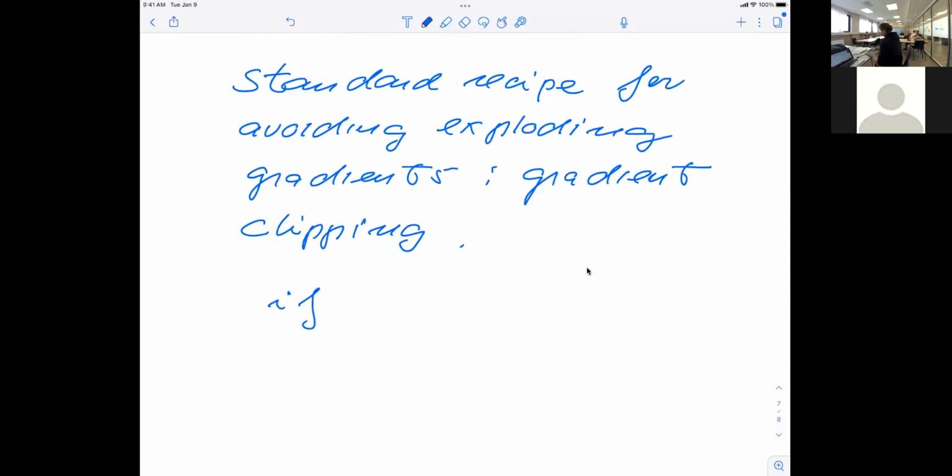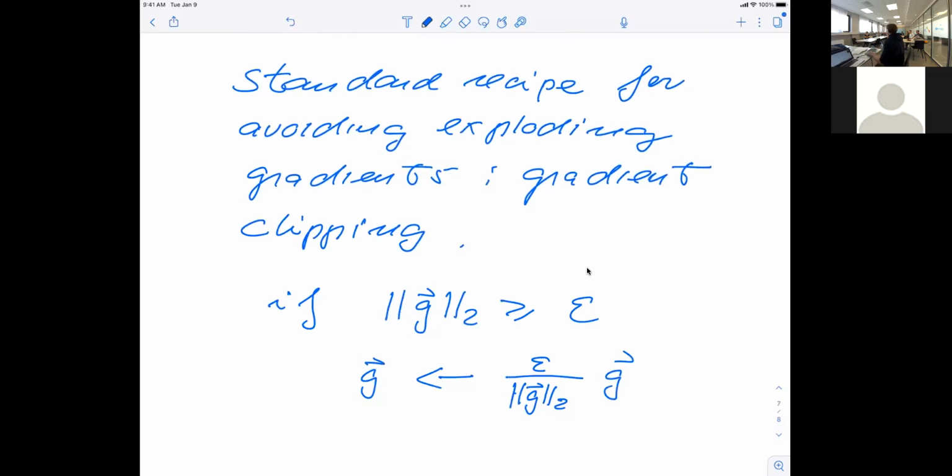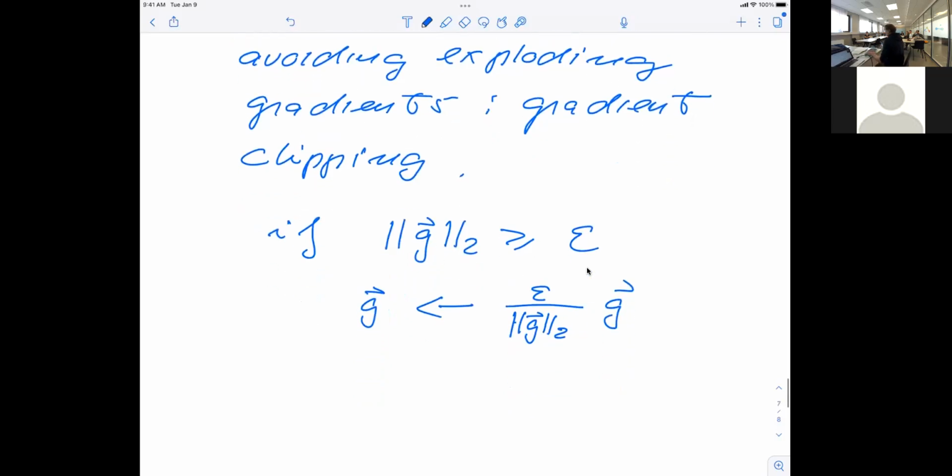If your norm 2 of the gradient, so G is now the gradient, is larger than a specific value, epsilon, which you have set, then what you do is that G takes a smaller value, where you take this epsilon divided by the norm of G to multiply with G. So you just replace the gradient with a new value, which is then meant to avoid this exploding gradient.